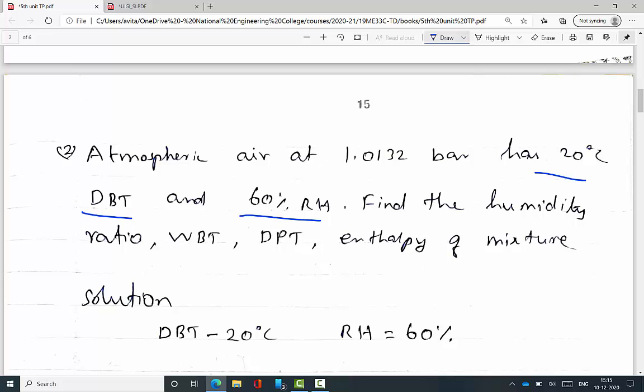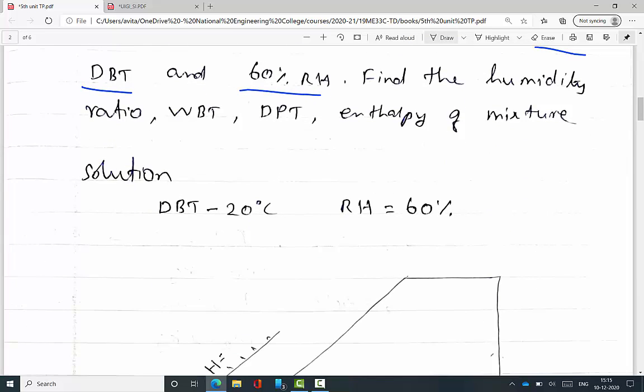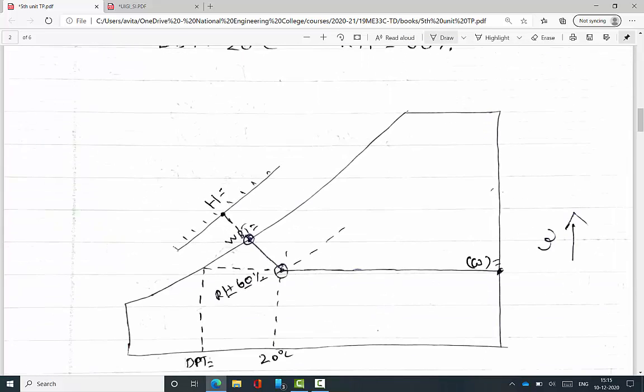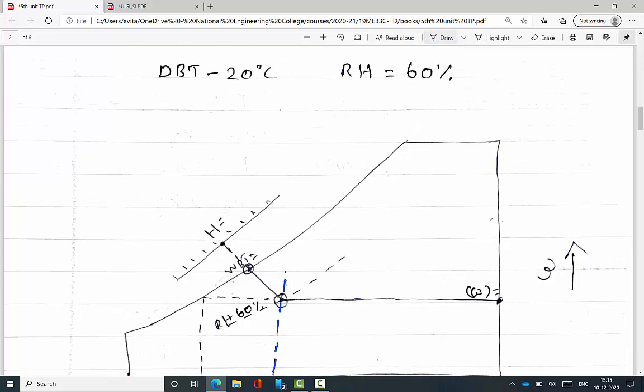First we locate the point in the psychrometric chart. From 20 degrees Celsius I draw a vertical line, then the next data is 60% relative humidity.